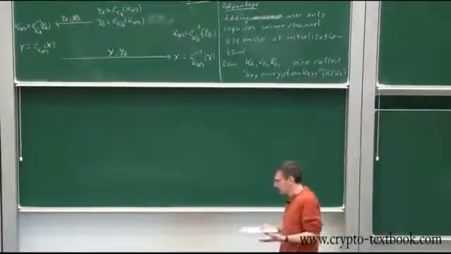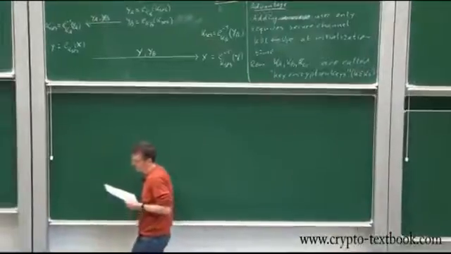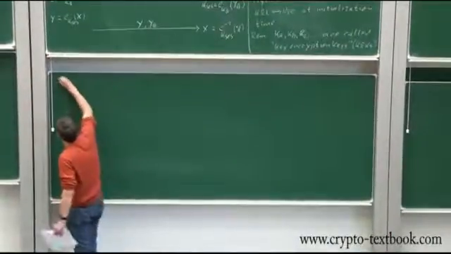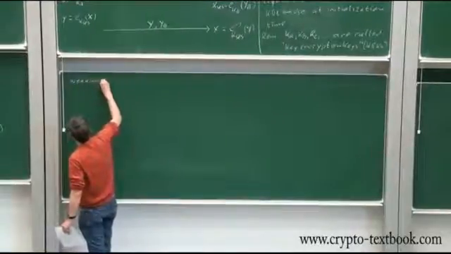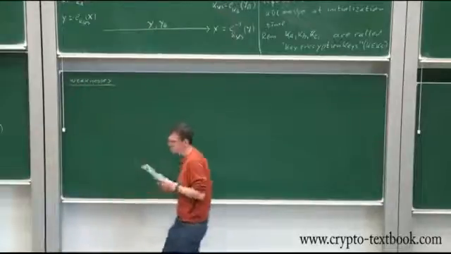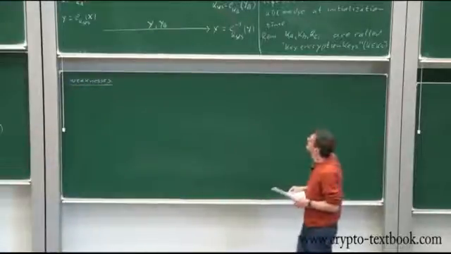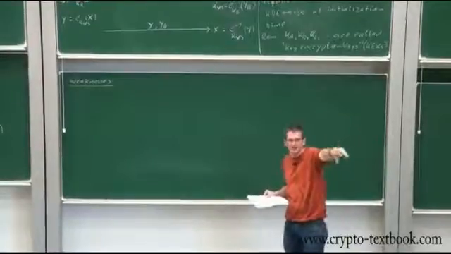So we're almost done. What I want to do now, towards the end of today's lecture, is talk about the weaknesses. There was a very good remark by a student here.